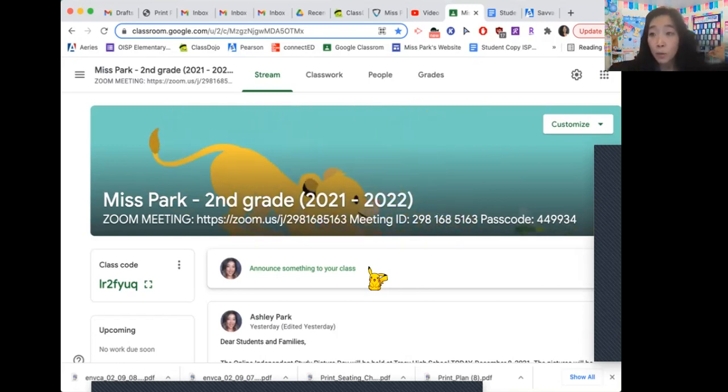If I'm not in the main room, it's because I'm with another group. So if I'm not in the main room, there should be a button on your breakout rooms where it says something like ask the host for help. And then you can ask me for help if you don't see me in the breakout room, because I'll probably be with another group. Okay. But if you guys need help, please call me and ask me.